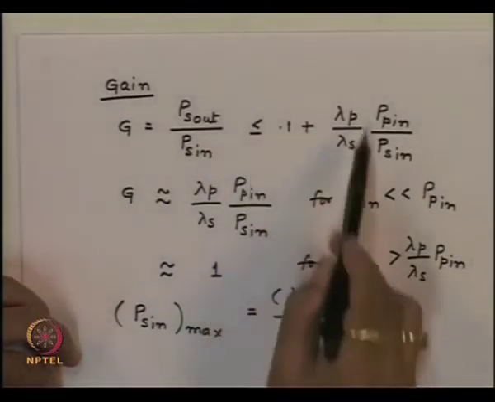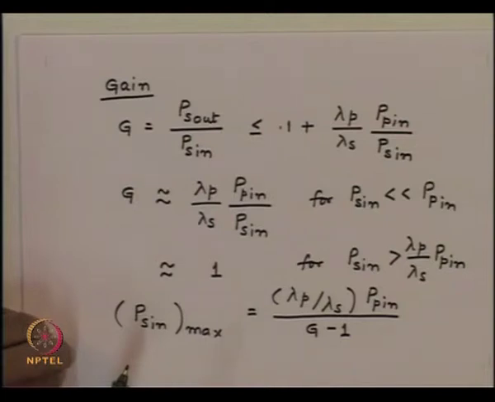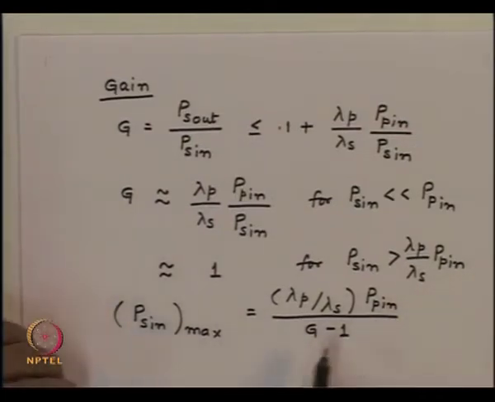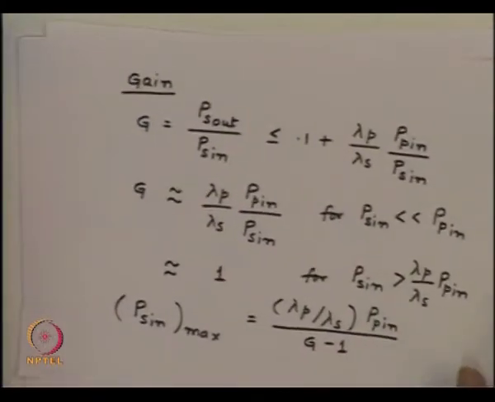Essentially we have taken this expression, taken this one on this side, and found the maximum value of this required so that I can get the desired gain G. If the signal power increases beyond this value, then the amplifier gain will be less than this quantity G. Therefore, for a given amplifier and for a given pump, you have a maximum optical input power which the amplifier can handle, and beyond that the gain of the amplifier will start dropping.